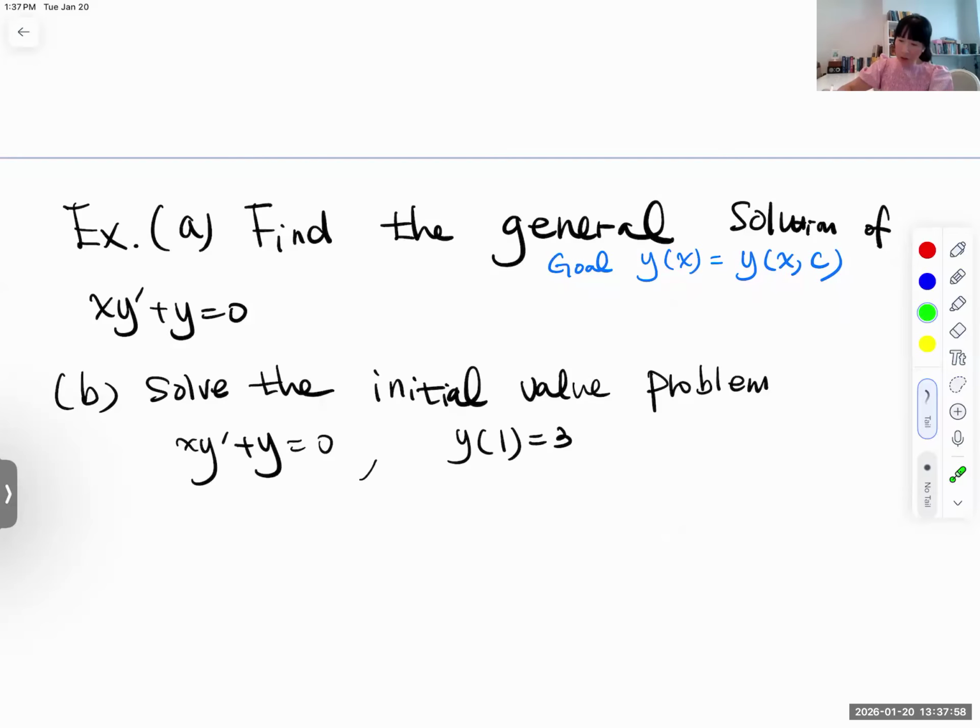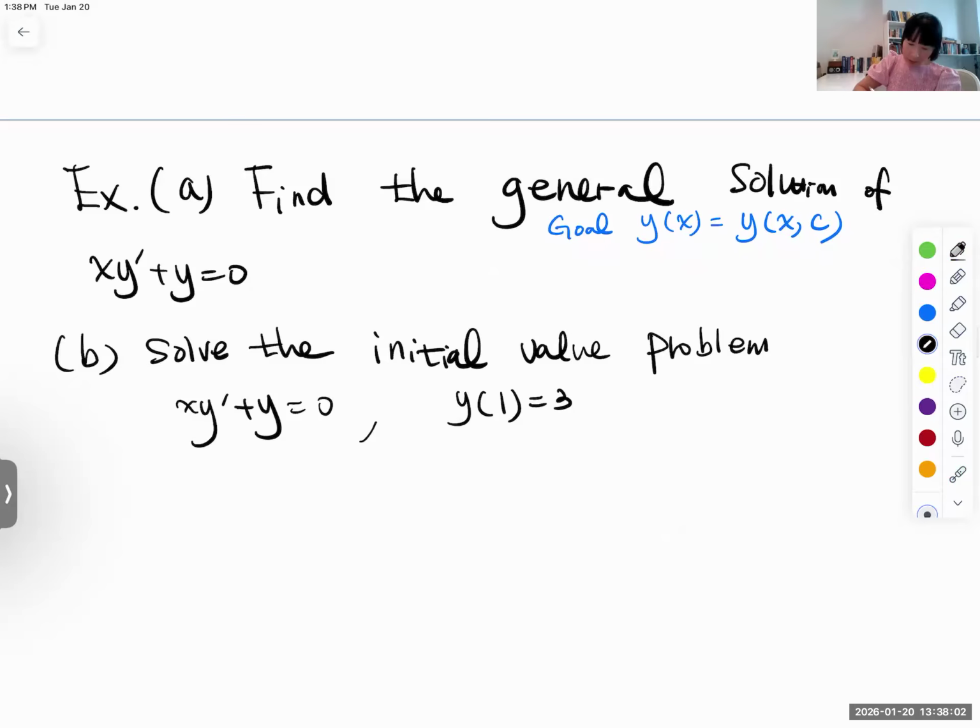Okay, so we have x y prime plus y equal to 0, right? Okay, we have two terms. So we have to make one side as a y variable and then the other side x variable, right?